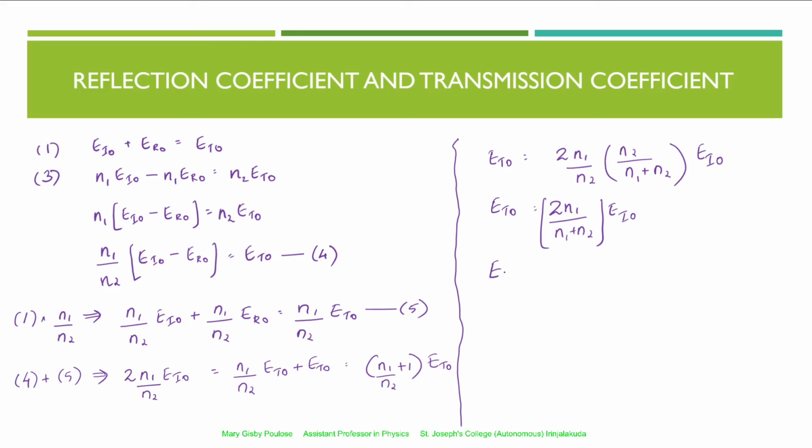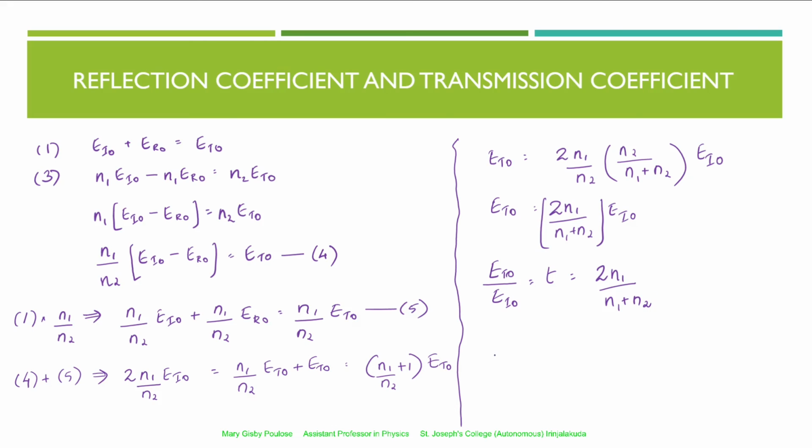Now, Et naught by Ei naught is called the amplitude of transmission coefficient, represented by small t, and this is given as 2 times n1 by n1 plus n2.